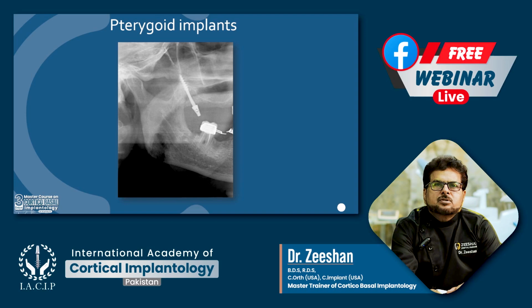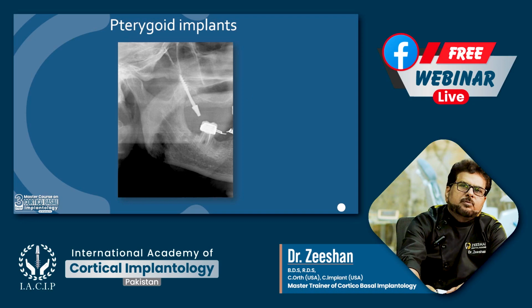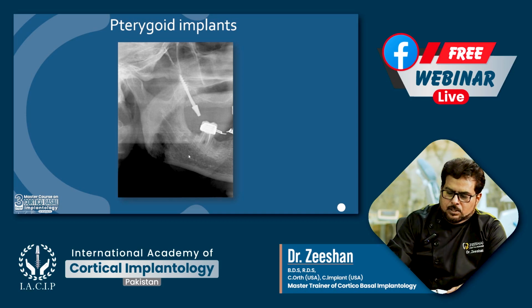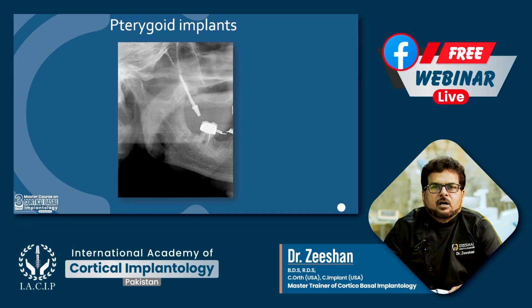And even in other cases you can engage multiple cortex. So engaging multiple cortex is a technique to gain good primary stability, which is the most important part in the immediate loading technique. We will inshallah discuss and train you in our courses, upcoming course as well as other courses.